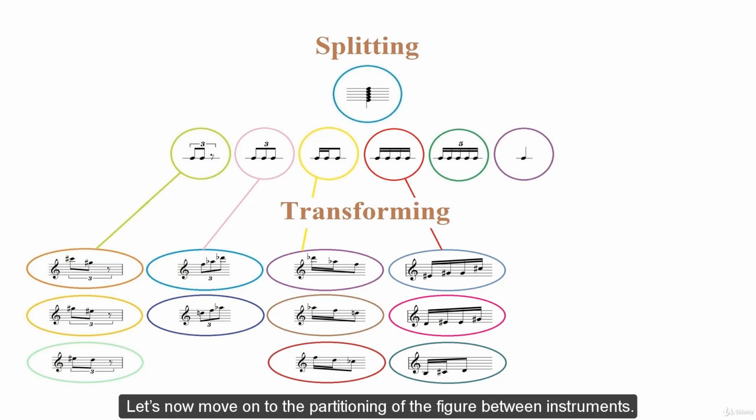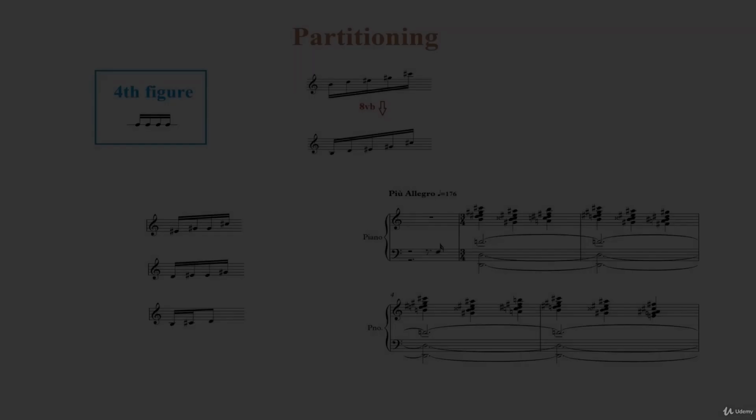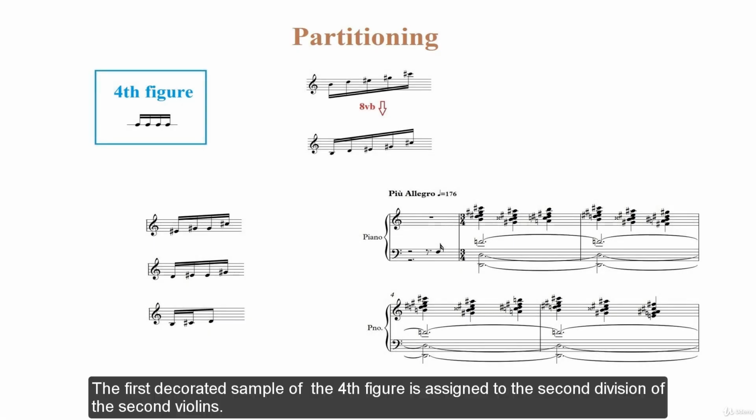Let's now move on to the partitioning of the figure between instruments. The first decorated sample of the fourth figure is assigned to the second division of the second violins.